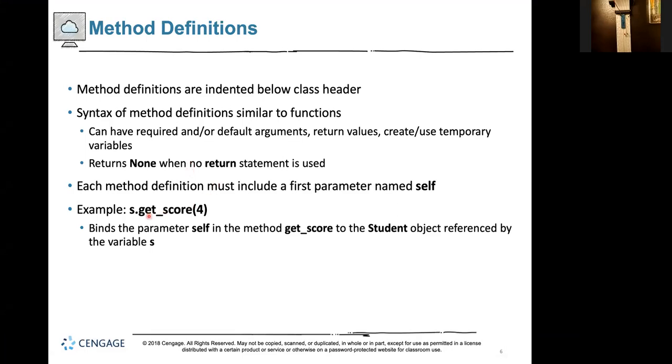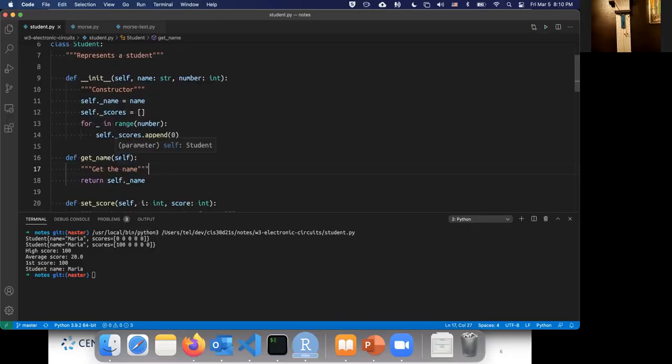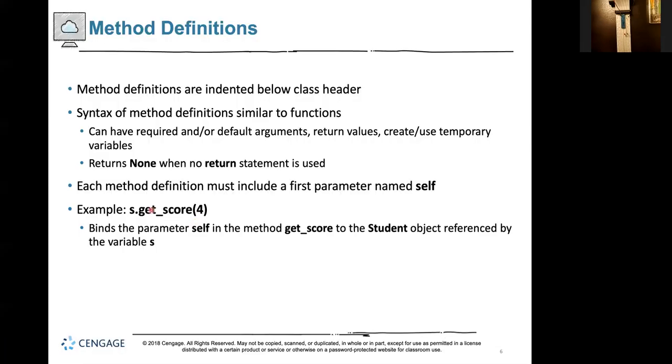When you actually call the method, you don't pass in self, by the way. The self is the object that you are calling the method on. So if the object is S, you're calling a method get score, right?